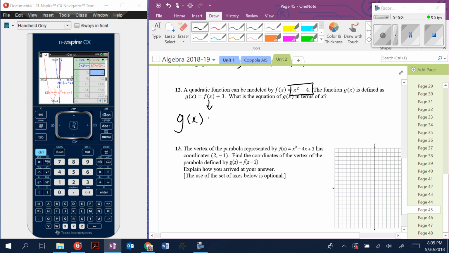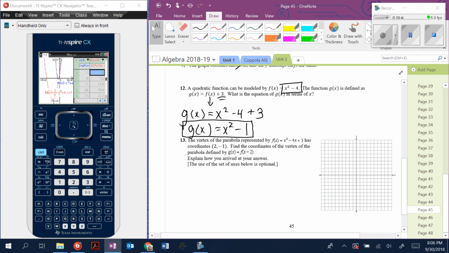So g of x is really going to equal x squared minus 4, and then we just bring down that plus 3. So g of x is equal to x squared minus 1. I'm just grouping together those constants of minus 4 and 3.